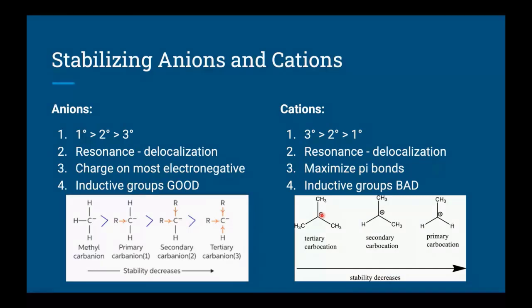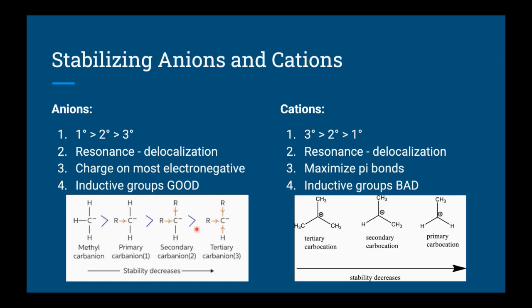Also, for anions, you're going to be looking for that charge to be on the most electronegative atom. So again, you want it to be on those oxygens, those nitrogens, and inductive groups in this case are good.